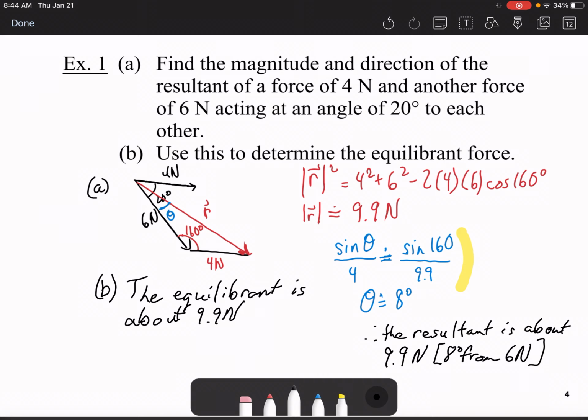However, it's in the opposite direction. So it's not 8 degrees, it is 172 degrees from the 6 Newton force, because it's headed in the opposite direction. And 180 minus 8 is 172. So there we go. There's how we figure out that one.